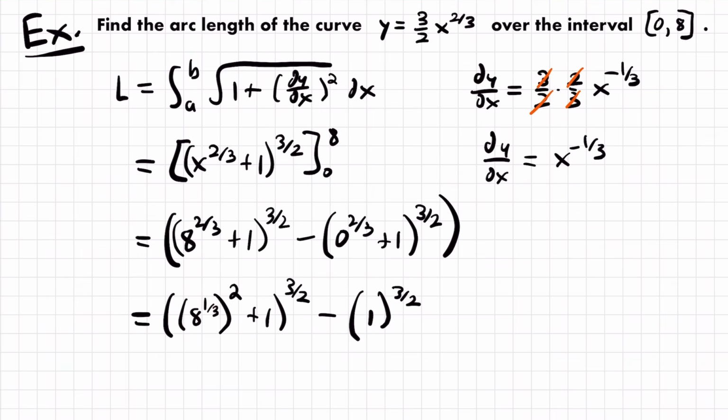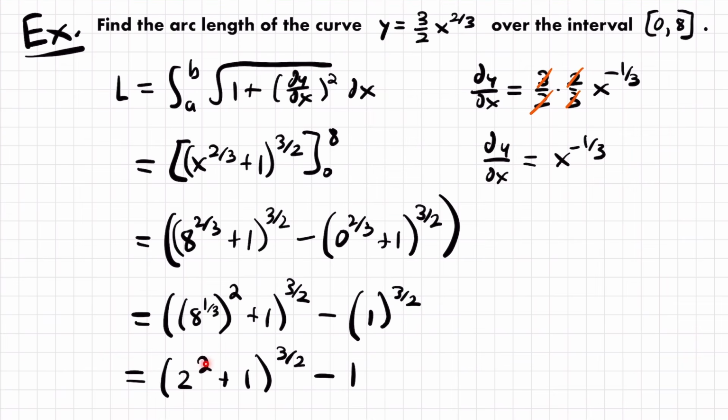And then 8 to the 1/3 power is the cubed root of 8, and the cubed root of 8 is 2, so this is equal to 2 squared plus 1 to the 3 halves power minus 1, because 1 to the 3 halves power is just 1.